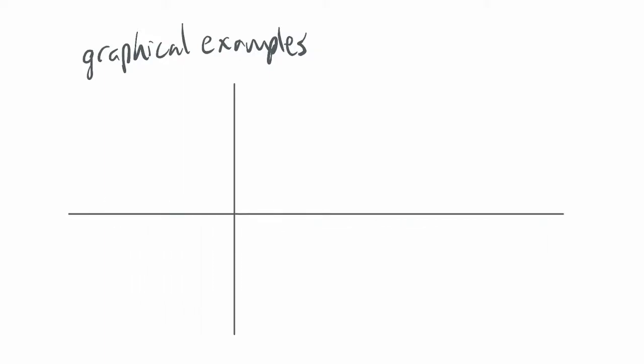Okay, so let's say 1, 2, 3, 4, 6, 7. Let's say 1, 2, 3, negative 4. 1, 2, 3, say 4, and then 2, say 4. Okay.